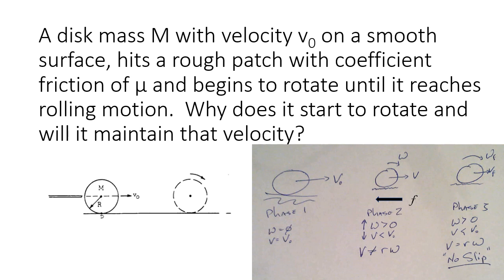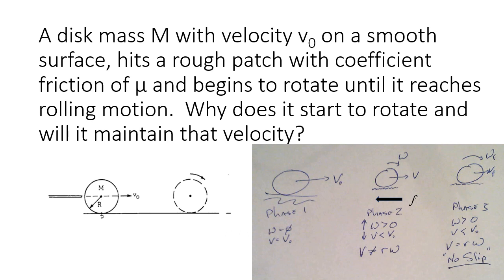It's also doing work to make the ball start to spin, all right? Some of that energy is leaving due to friction, but other bits of that energy are causing it to rotate. So in phase two, as it hits that rough patch, it doesn't just slow down, but some of that energy gets put into rotation, and so the angular velocity begins to grow, right?